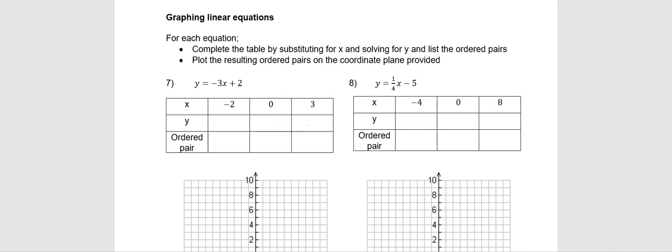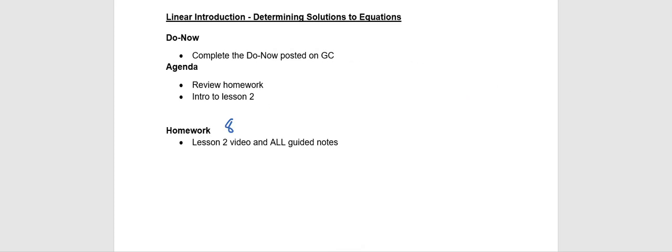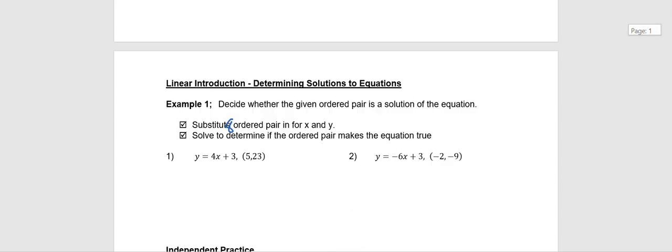So let's get started. In the first example, we're going to start by substituting -2 in for x. So we're just going to do this in our head. -3 times -2 is +6. And then when we add 2 to that, we get 8 as the outcome.